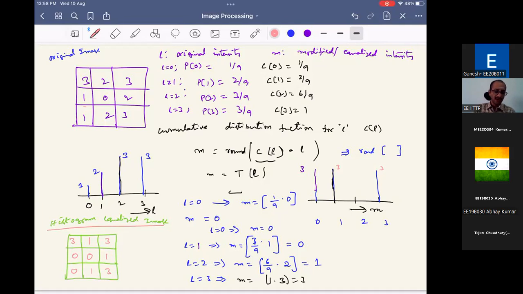So if I apply contrast stretching here, what do you think will happen? Instead of histogram equalization, assume that we have applied contrast stretching. What do you think will happen?